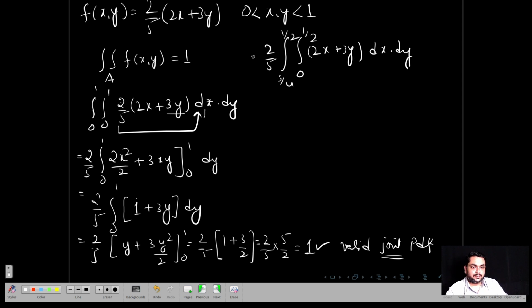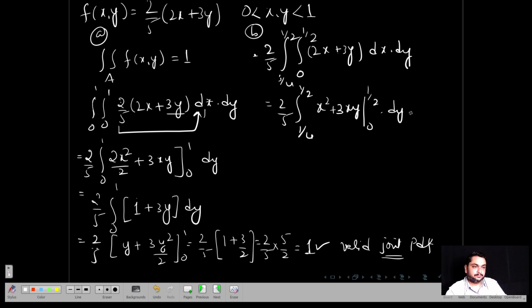So you now go on integrating. This is a, this is b. So 2 by 5. First, let us integrate with x. So x square plus 3xy in the interval 0 to 1 by 2, dy.